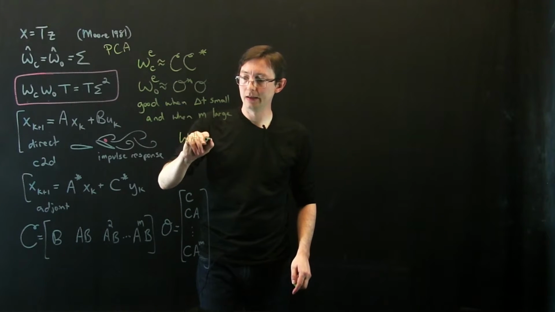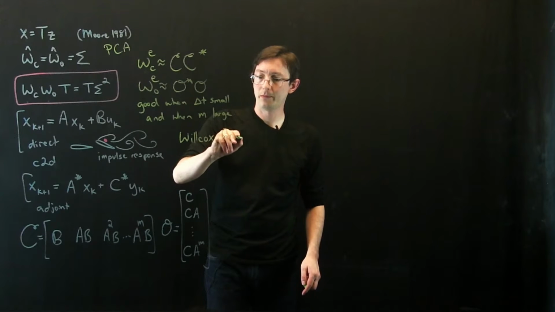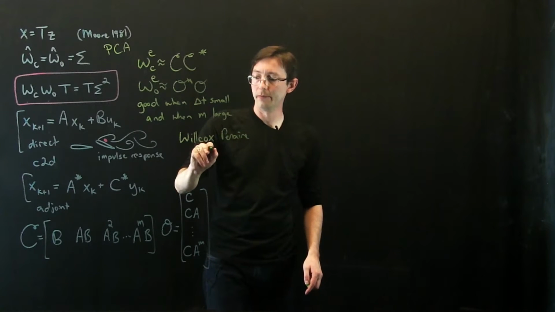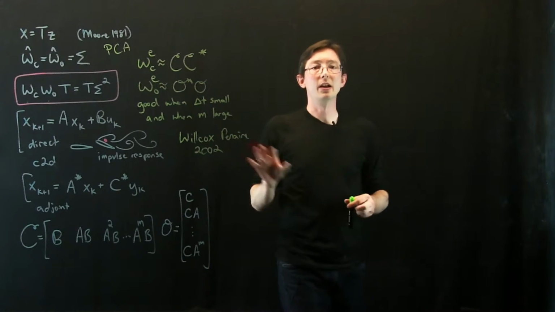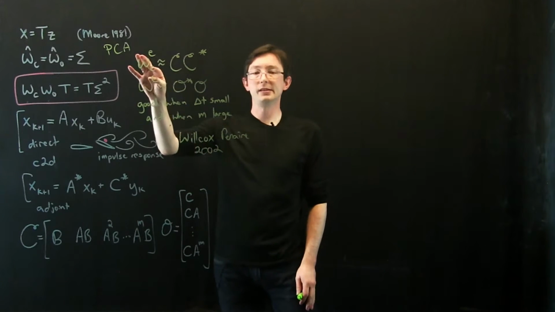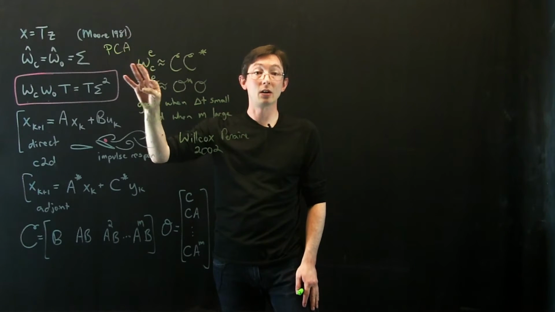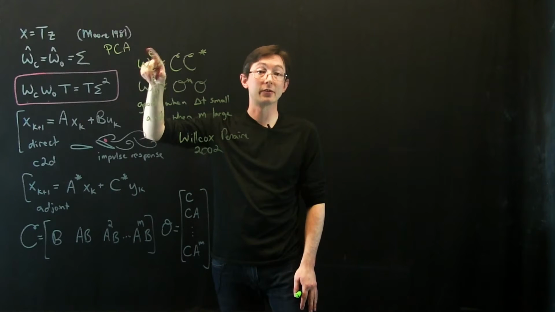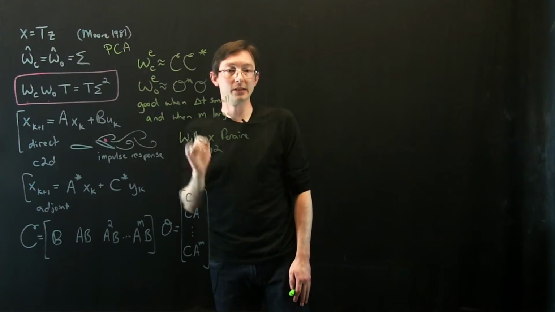Wilcox and Pereri in 2002 essentially showed that what you could do is compute a rank R truncation of these gramians before you compute this eigendecomposition.